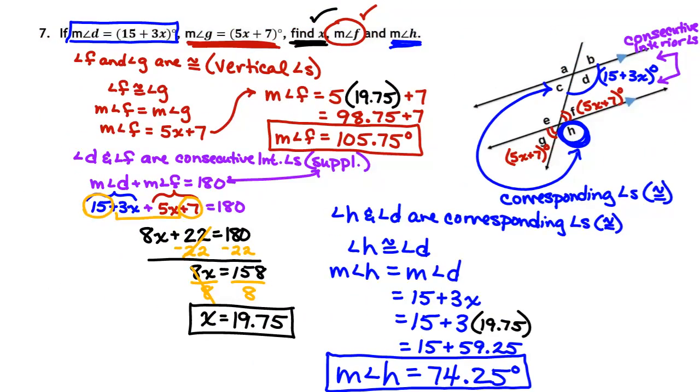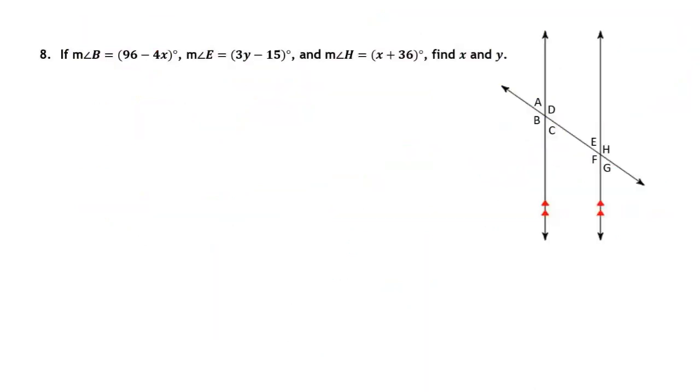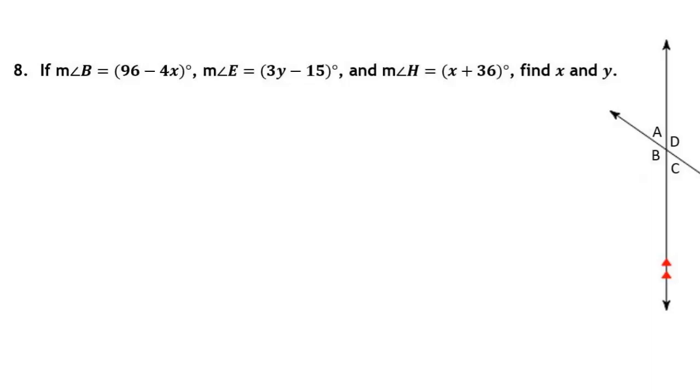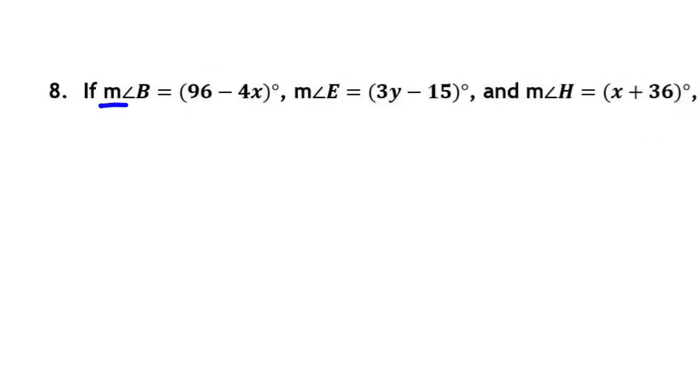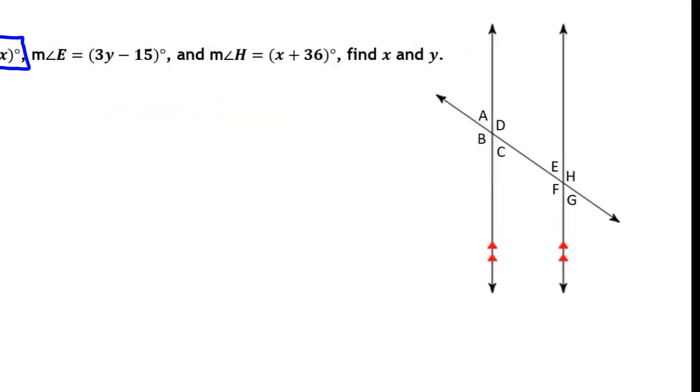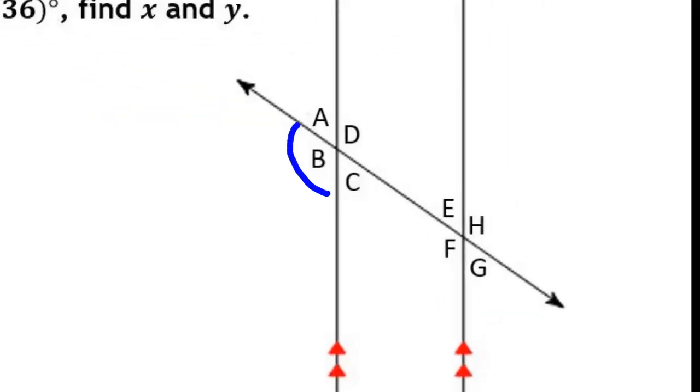I want to do one more together where we solve this problem, and then we're going to practice just with some naming and looking at some lines, and then we'll get into parallel and perpendicular lines. All right, so I want you to look at number 8. We are told that the measurement of angle B is 96 minus 4x.